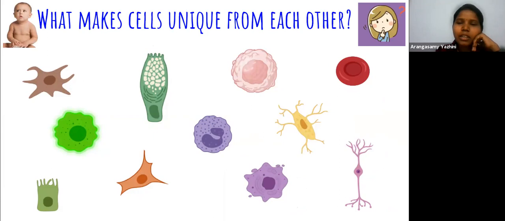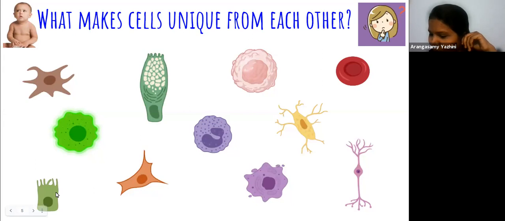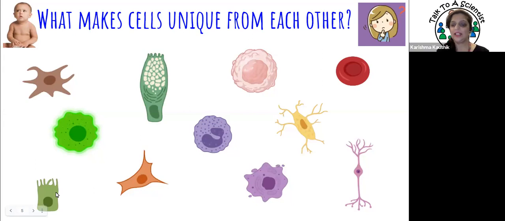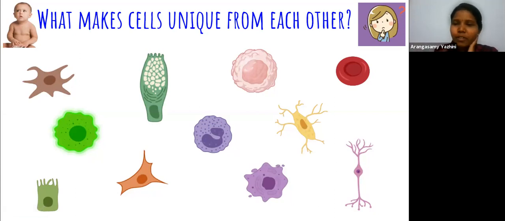Do you think each of the organs is made up of the same type of cells? No, right? That means our body is made up of numerous types of cells. They have different shapes, and I'm showing color for better visualization. They are dedicated to performing specific functions, isn't it?